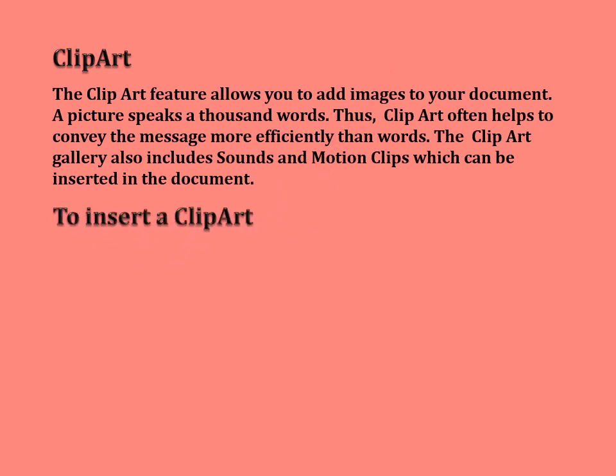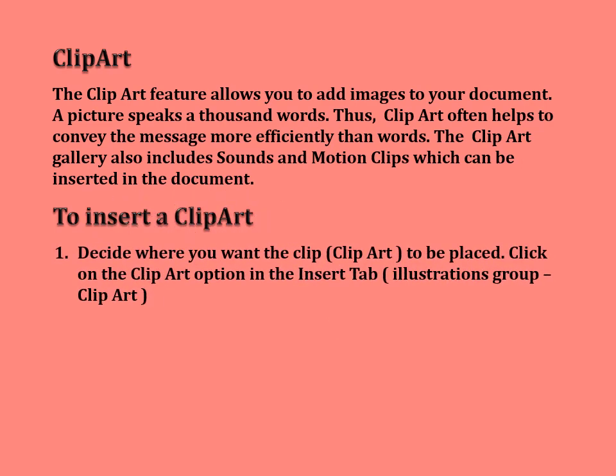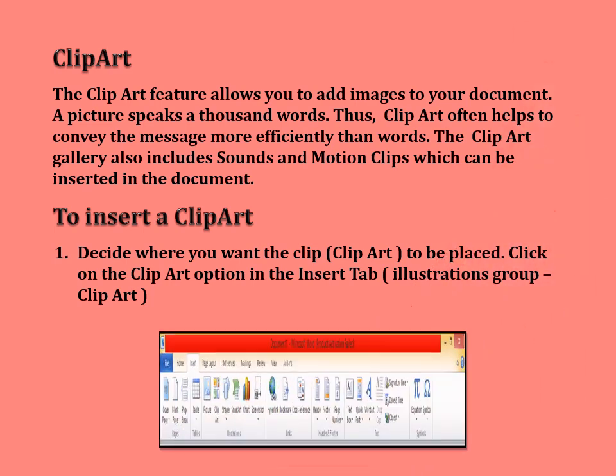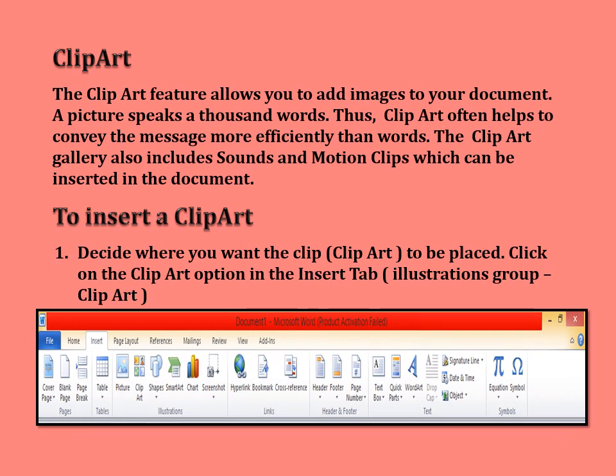Now, how do we insert a Clip Art, or how can we use this button? For using this button, firstly we have to decide where we want the Clip Art to be placed. Then click on the Clip Art option in the Insert tab, that is, the Illustrations group. Please see the image.